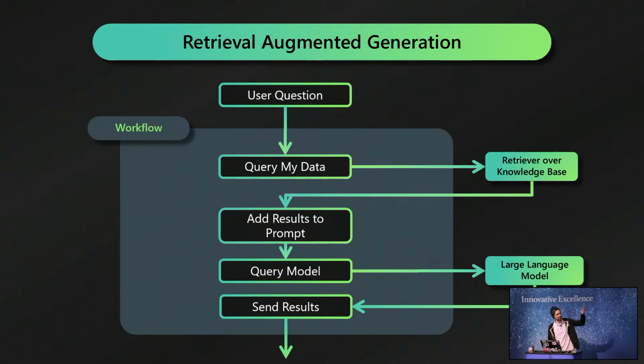It takes your question and uses it to go against a knowledge base or a retriever to get information that relates to it, using embeddings and similarity search. It pulls that data back, adds it to the original user question or prompt, and then queries the model. With that information, the model is able to answer the question with relevant information and send back a response. This retrieval augmented generation is RAG.